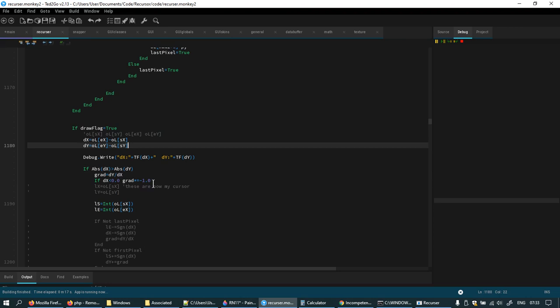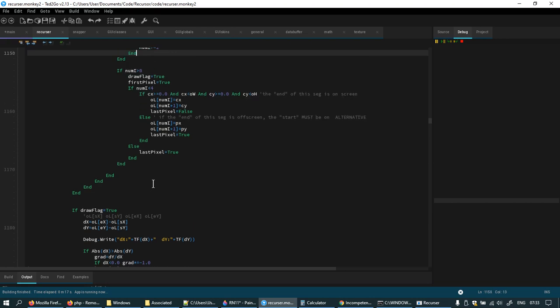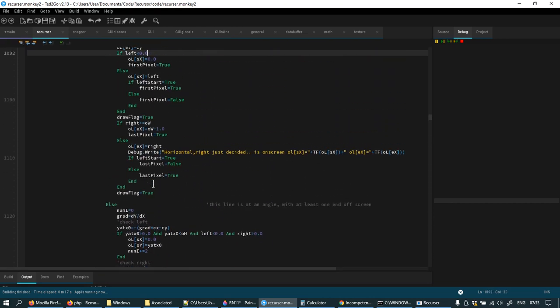What OLEX, well, OLE, so to speak, and OLS, they're the start and the end of the line as it's determined on screen. In that situation, the line's coming on the left-hand side.